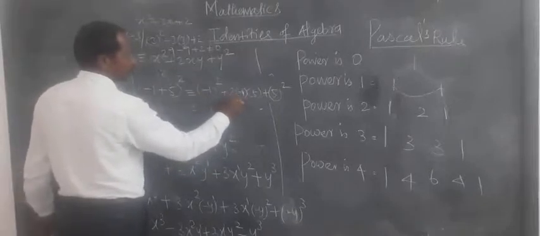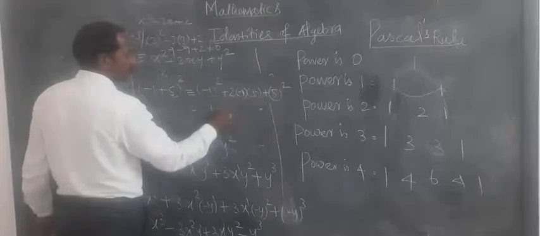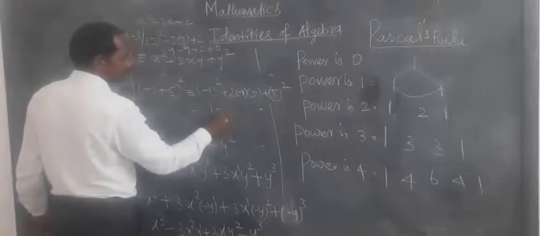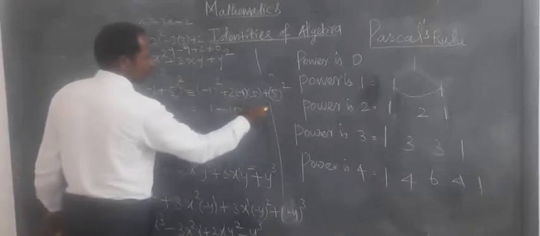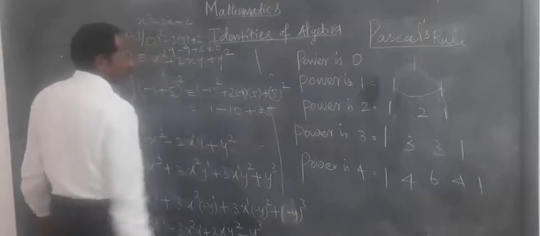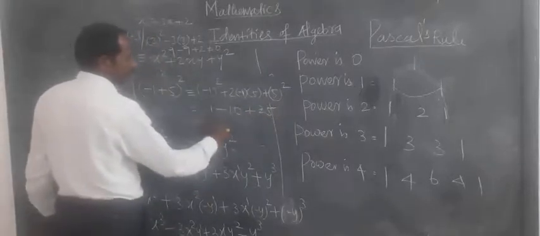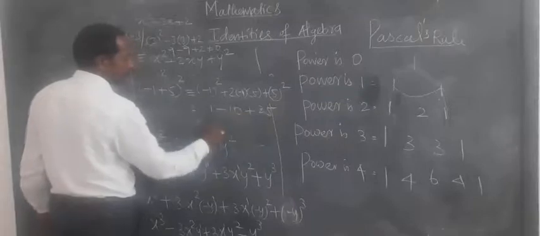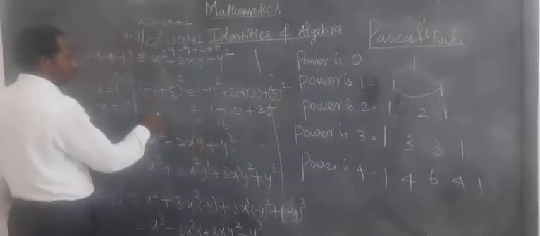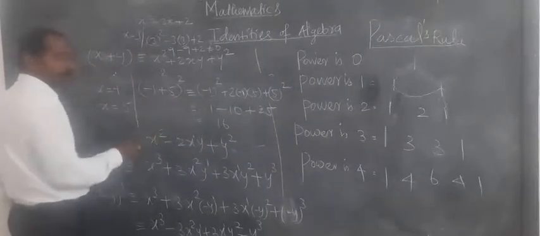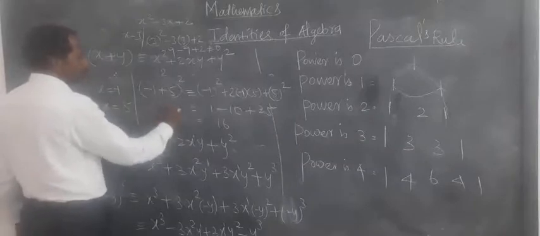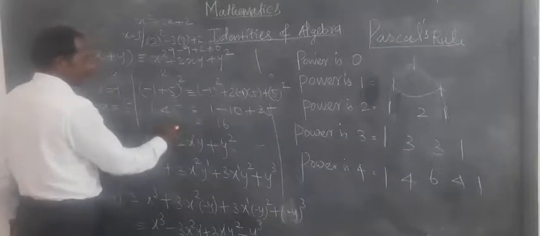Here 2 into minus 1, minus 2, minus 2 into 5, minus 10. Here 25, 5 square 25. So from these things the value is 16. Just you see, minus 1 plus 5 means 4, positive 4 whole square. So this is 16.